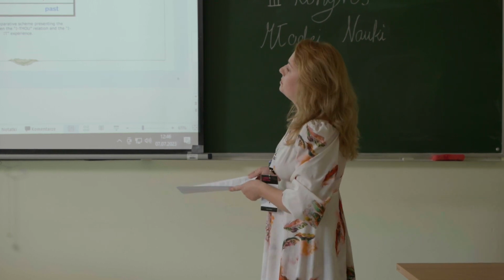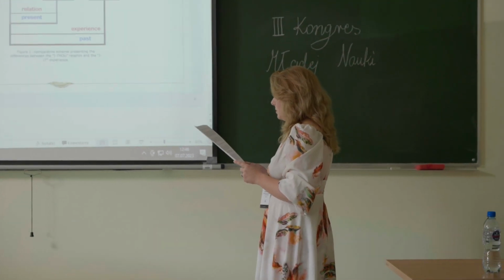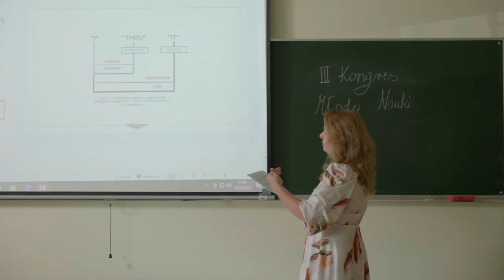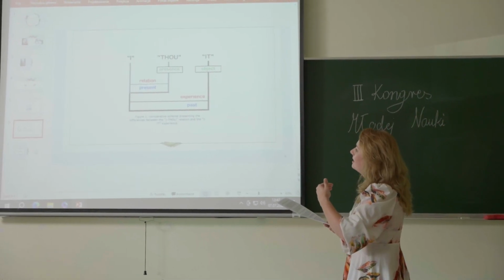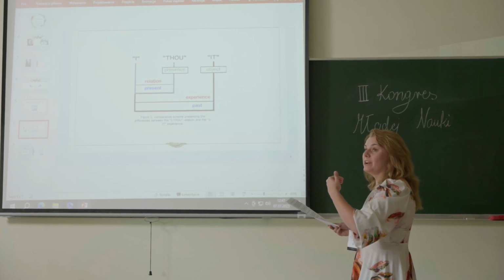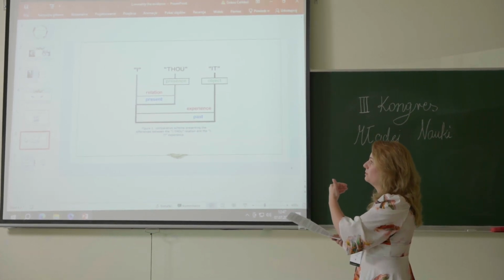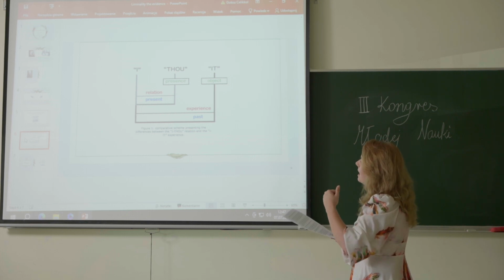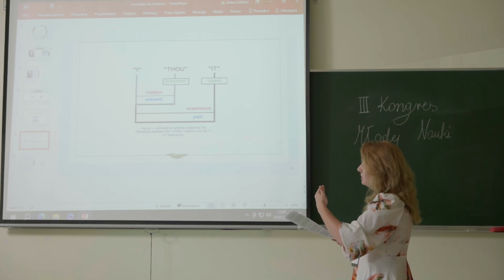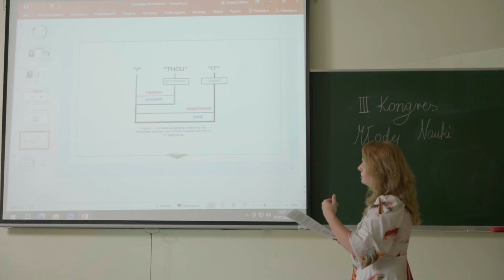What does it mean to be in communication, to have a relationship like I-thou? Because the opposite way to build a relationship, according to Buber, actually wouldn't be a relationship, it would be an experience. We may argue, but still, to be in relationship is only to be in an I-thou relationship.